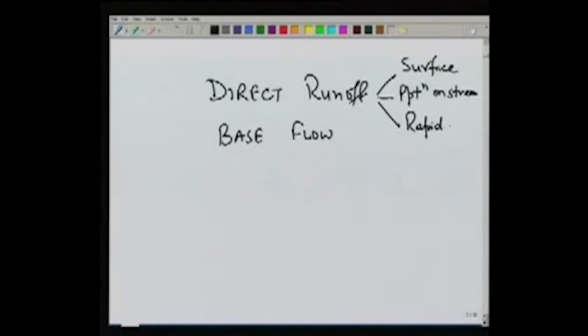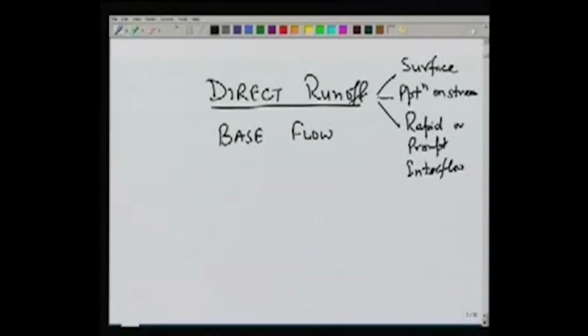So the component of interflow which goes into the ground and then reappears in a short time is known as the rapid or prompt interflow, and that is also counted towards direct runoff. So this entire component, direct runoff component, is the one which occurs a little while after the precipitation.